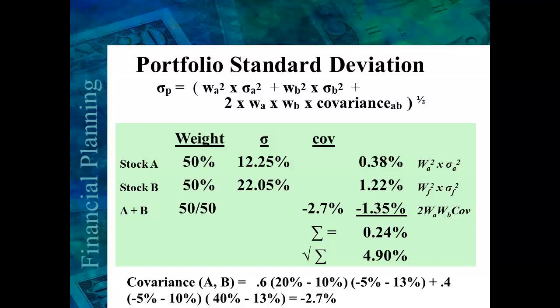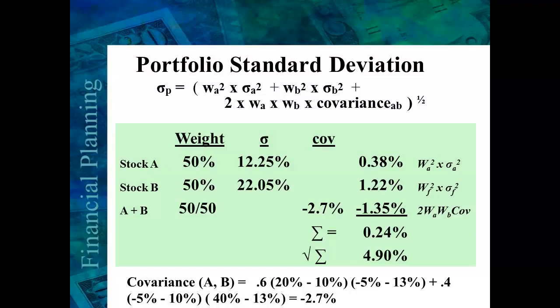Their probabilities are 60% and 40% respectively. So, the first component is 0.6 or 60% times 20% minus the 10% expected return times a minus 5% minus the 13% expected return, or minus 0.0108.